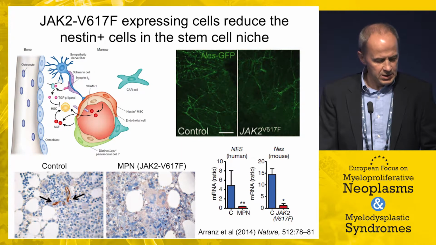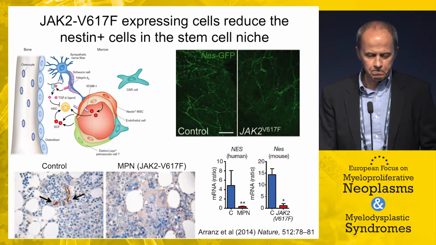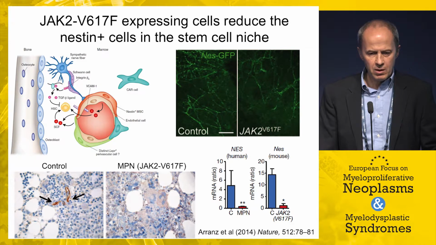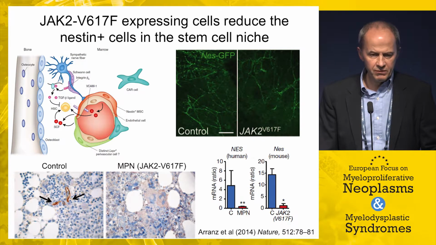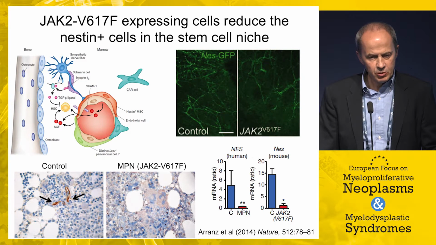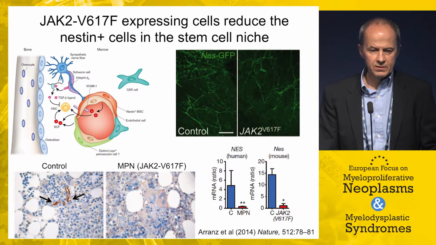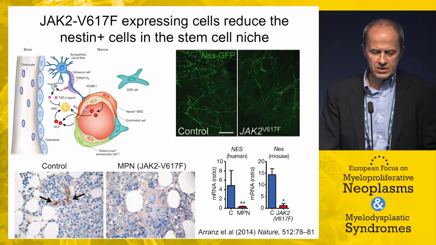What is quite amazing, what Simon then did was to rescue the phenotype using actually the ligand here. Normally it's noradrenaline or norepinephrine that is produced by these nerve endings, and the receptor on the nestin positive cells is a beta-3 adrenergic receptor.